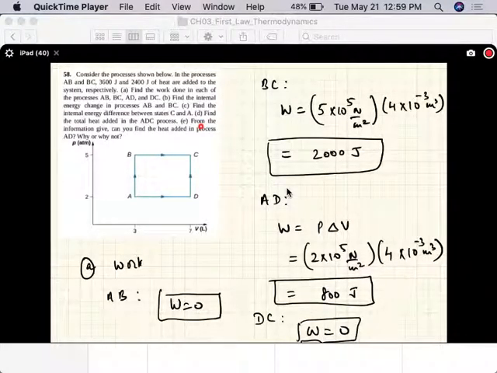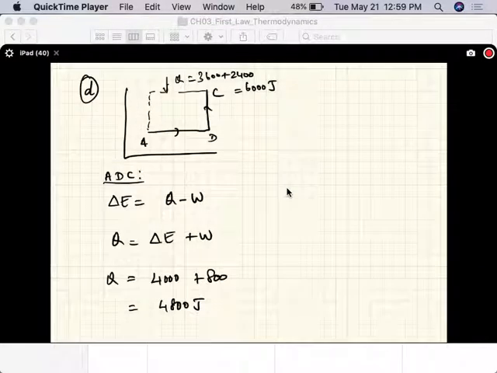Okay, so from the information given, can you find the heat added in the process AD? I guess not.